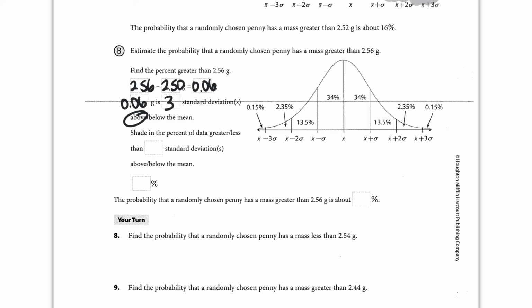So we will shade in the percent of data that is greater than 3 standard deviations above the mean. So if we went from, that would be 1, 2, 3. So we need to shade in this section, which is 0.15%. The probability that a randomly chosen penny has a mass greater than 2.56 grams is about 0.15%.